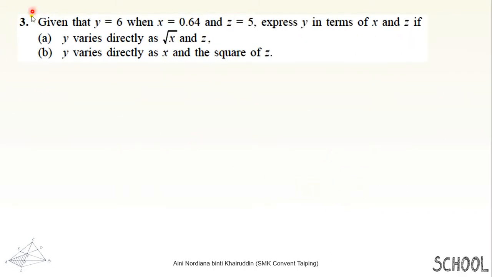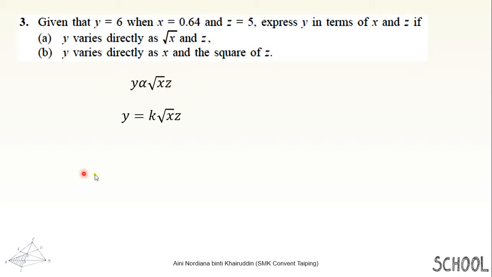Next, question number 3. Given that Y equals to 6 when X equals to 0.64 and Z equals to 5. Express Y in terms of X and Z if A, Y varies directly as cube root of X, square root of X and Z. So first, write in the relation form.